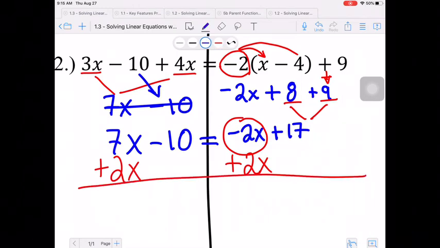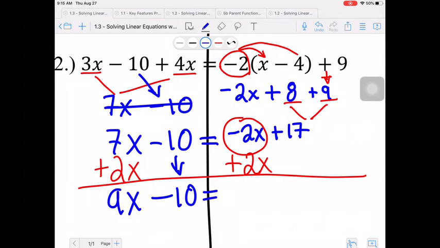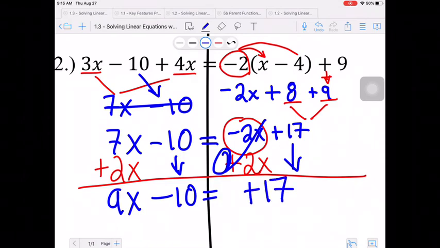Let's do the math. 7x plus 2x equals 9x. I'm going to drop the negative 10. Negative 2x plus 2x equals 0. And I can drop 17. Cool. Now it looks much, much easier, something that you know how to do already.